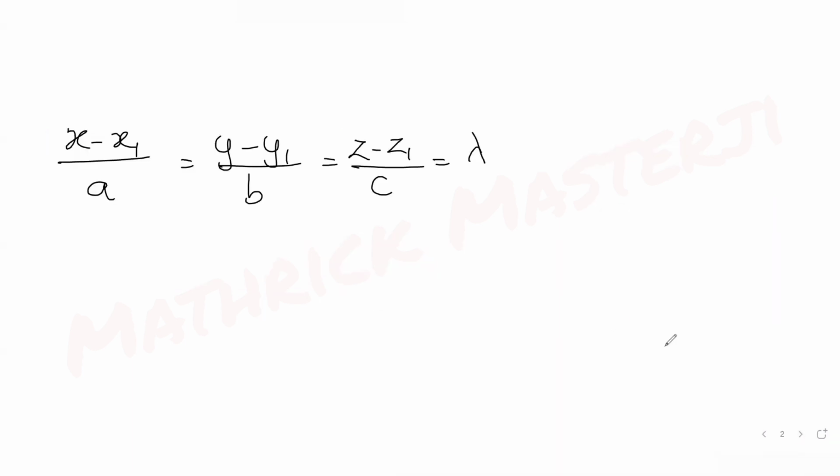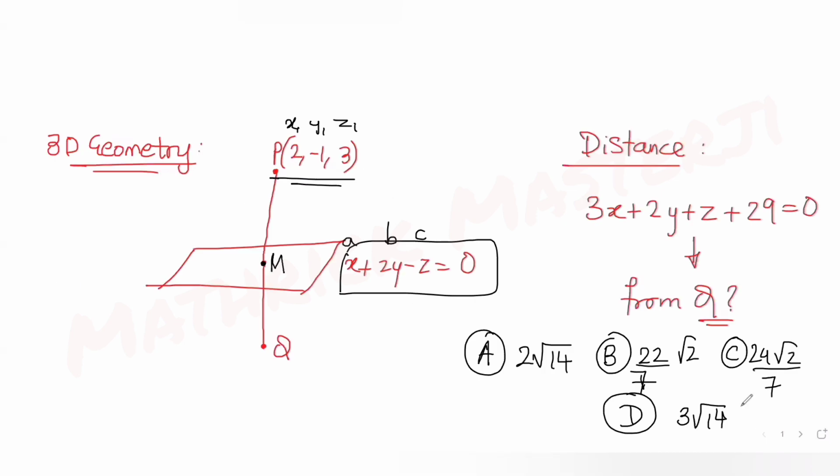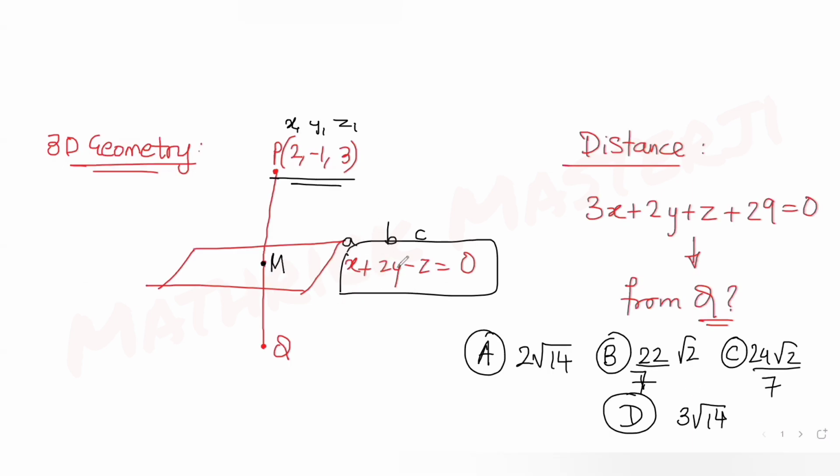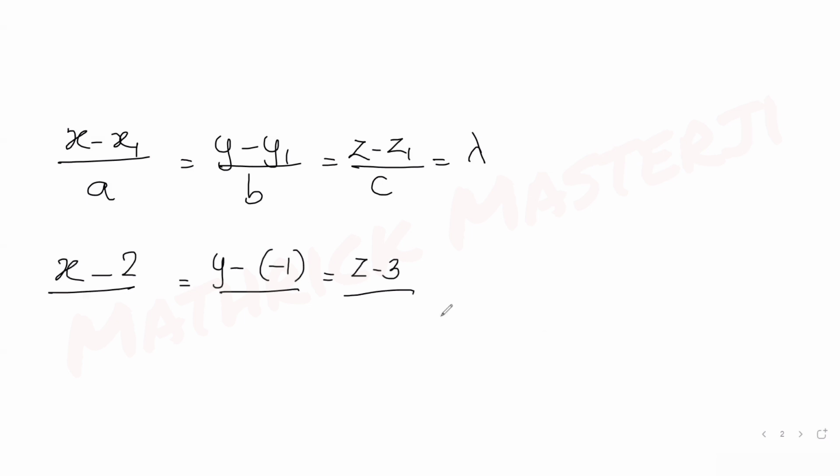So we get (x - 2)/1 = (y + 1)/2 = (z - 3)/(-1), where A is 1, B is 2 and C is -1, equal to lambda.